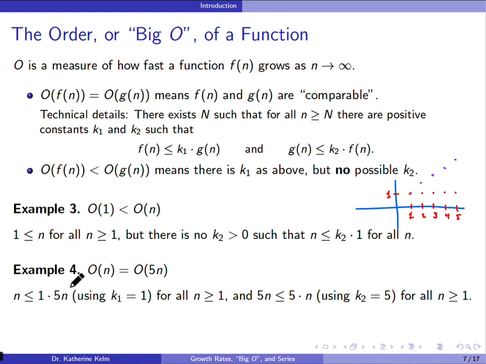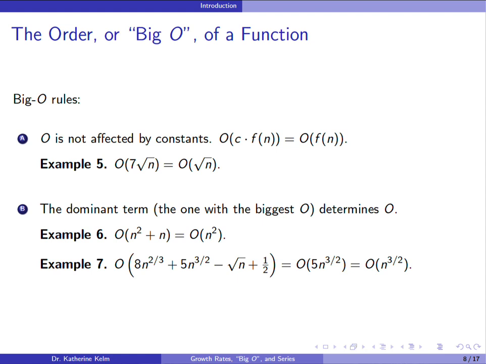In our next example, O of n is equal to O of 5n. So notice that it's not enough just for 5n to be bigger than n. n and 5n are comparable because 5n is less than or equal to 5 times n for all n greater than or equal to 1.